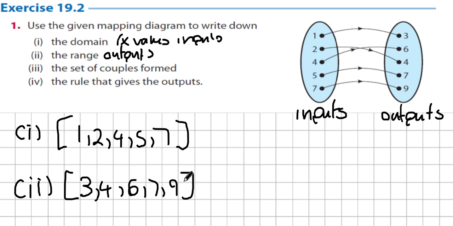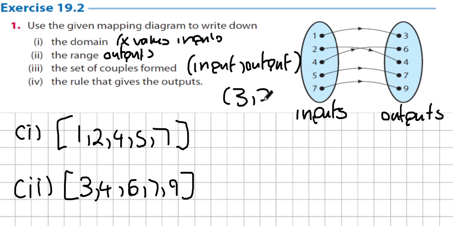Okay. Now, a couple is an input matched with an output. Do you remember we did coordinate geometry where the x value was 3 and the y value was 2? X value is your input, y value is your output. So you have to write down all the points that you think will happen.